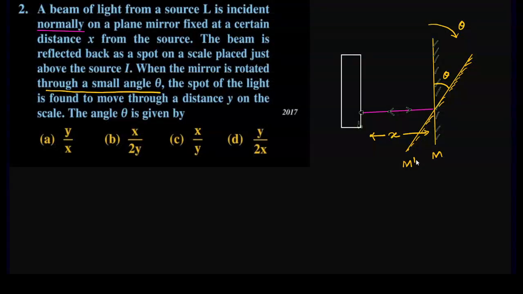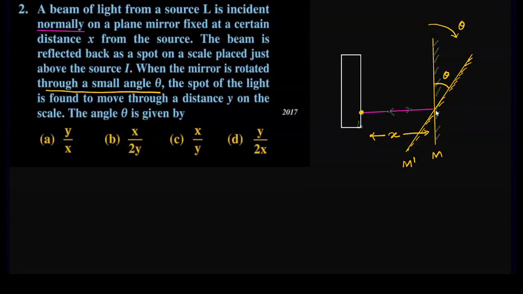Now as we have seen, if the mirror is rotated by some angle theta, how much will the reflected ray rotate? 2 theta. So earlier the reflected ray was falling here. Now the incident ray is fixed only.